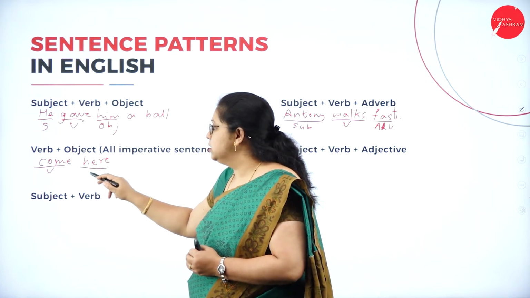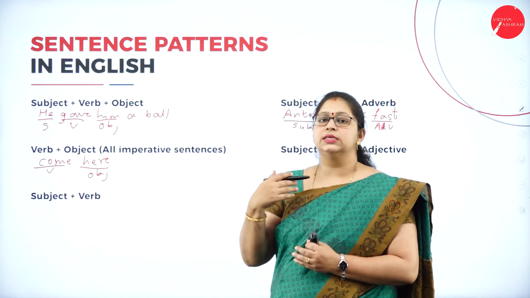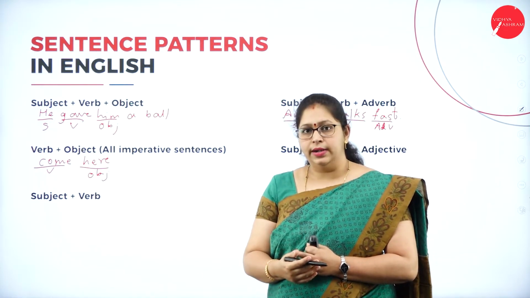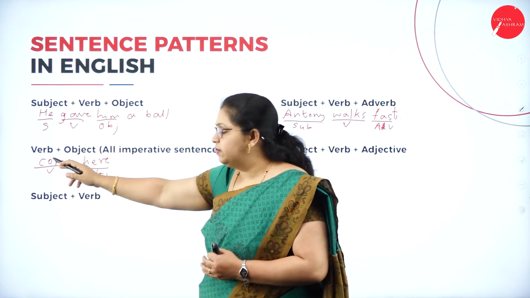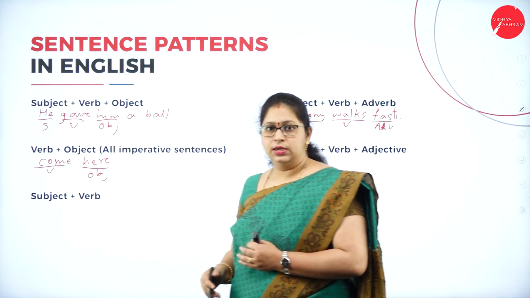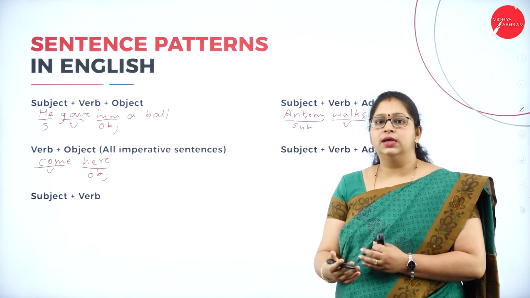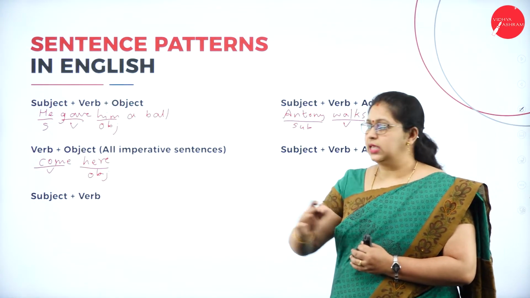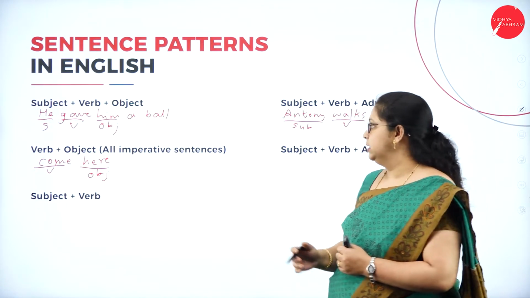So as I said, they will be imperative sentences, which can be a request or command. Those are called imperative sentences. So examples for the verb object pattern of sentences: come here, sit here, go there. All these are imperative sentences which are examples for the verb plus object pattern of sentences.